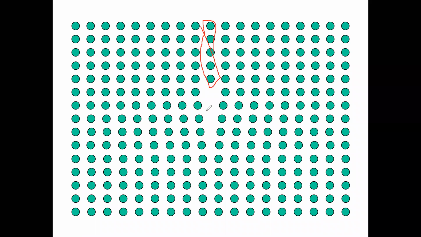As I said, what you are looking at is the cross-sectional view. In fact, it's a 3D solid. So there will be identical layers, infinite number of layers, lying one behind the other. So what you are looking at is only its side face.